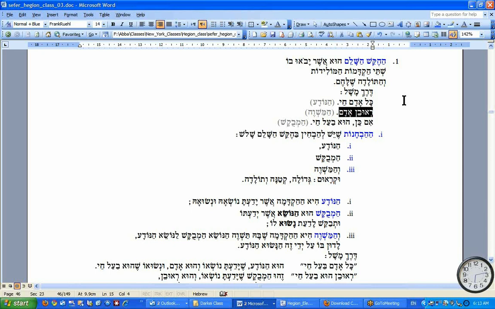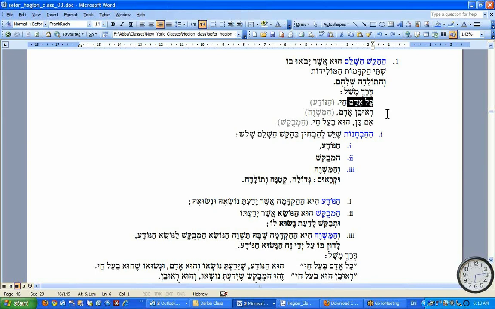The word Adam is the mashveh. The word Ruvain is the mavukash. The word Adam is the mashveh. Exactly. Since Ruvain is an Adam, this second term here tells us that Ruvain is located inside Adam.